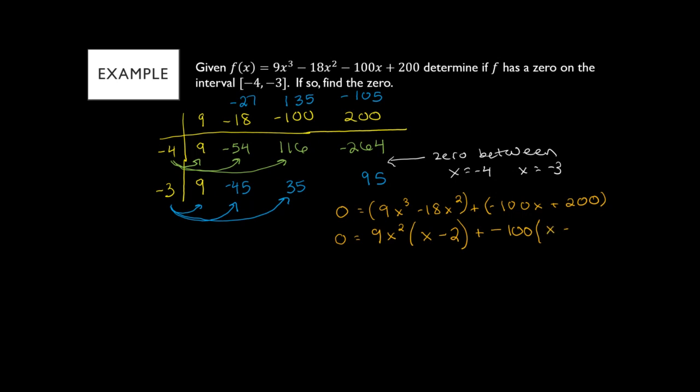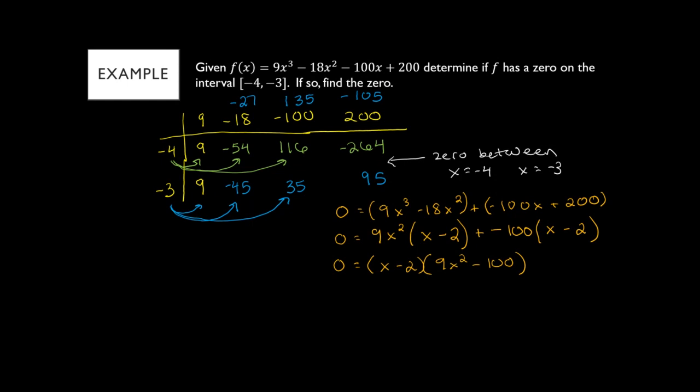So that gives me x minus 2. So in factor by grouping, we see that in the parentheses we have x minus 2. That is one of the factors. And then the other one is 9x squared minus 100.